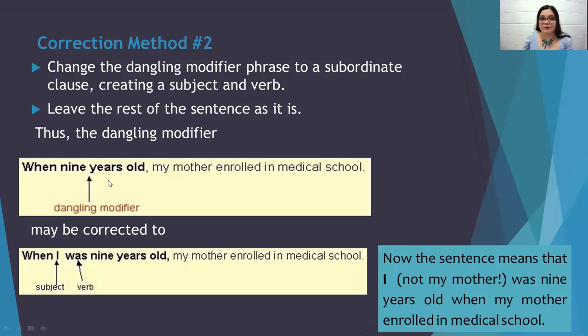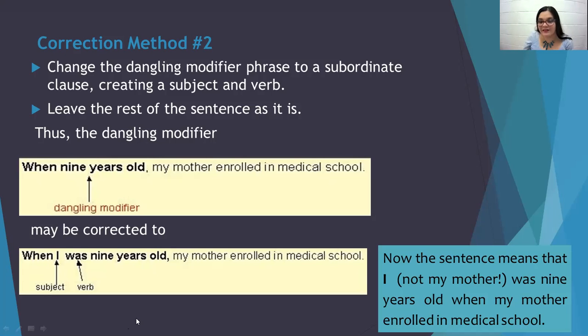Correction method 2. Change the dangling modifier phrase to a subordinate clause, creating a subject and a verb. Leave the rest of the sentence as it is. Thus, this dangling modifier, "When 9 years old, my mother enrolled in medical school," that is illogical, can be corrected to "When I was 9 years old, my mother enrolled in medical school."